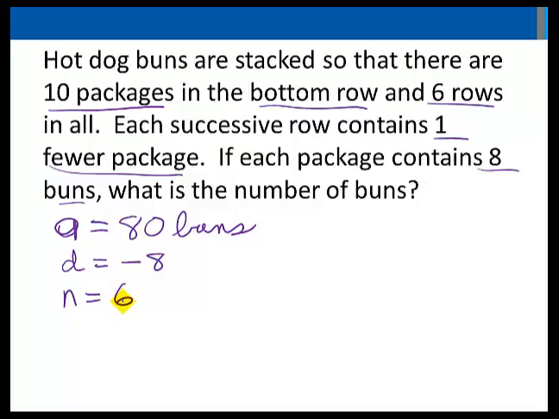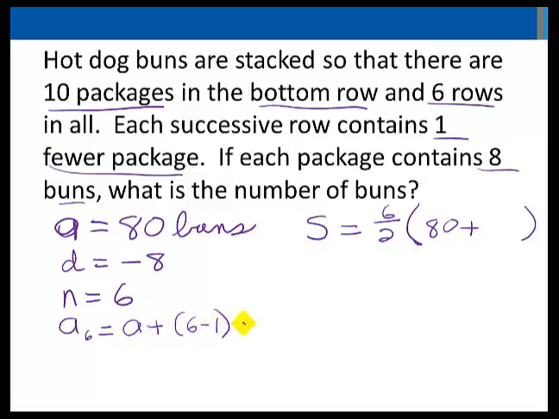Okay, so if I want to find the sum, the total number of buns, I would take n over 2, which here is 6 over 2, times a, the number of buns in the first row, which is 80, plus what we're missing here, though, which is the number of buns in the 6th row. So I need to find a sub 6. So a sub 6 would equal the number of buns in the first row, a plus 6 minus 1 times the common difference.